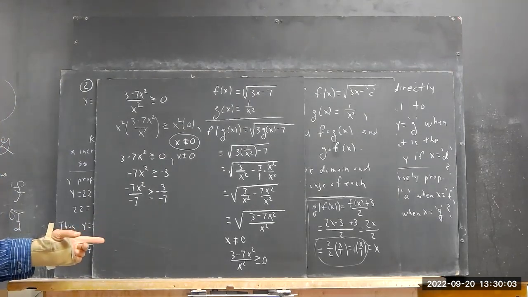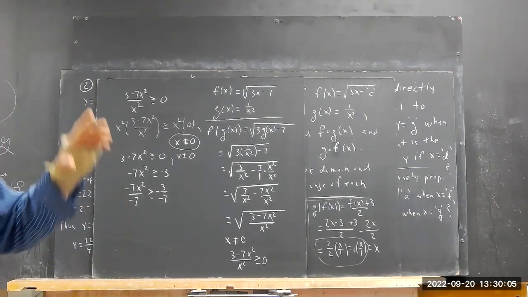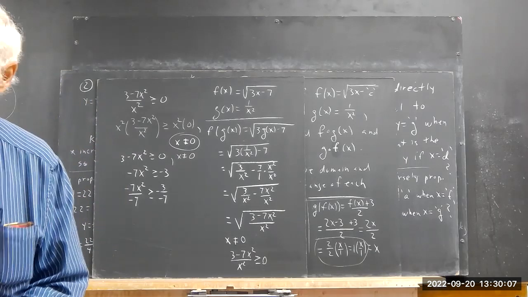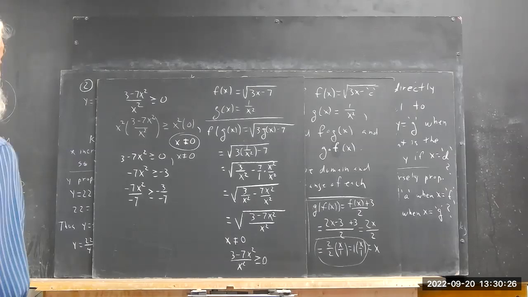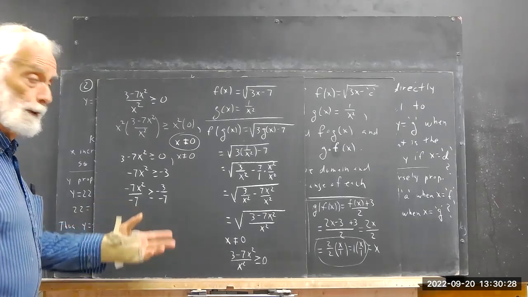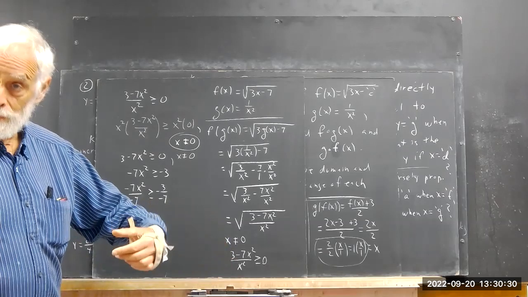What's wrong with this? Anybody see anything wrong? Okay, very good. Somebody told me when you multiply or divide both sides by a negative, the inequality has to reverse.